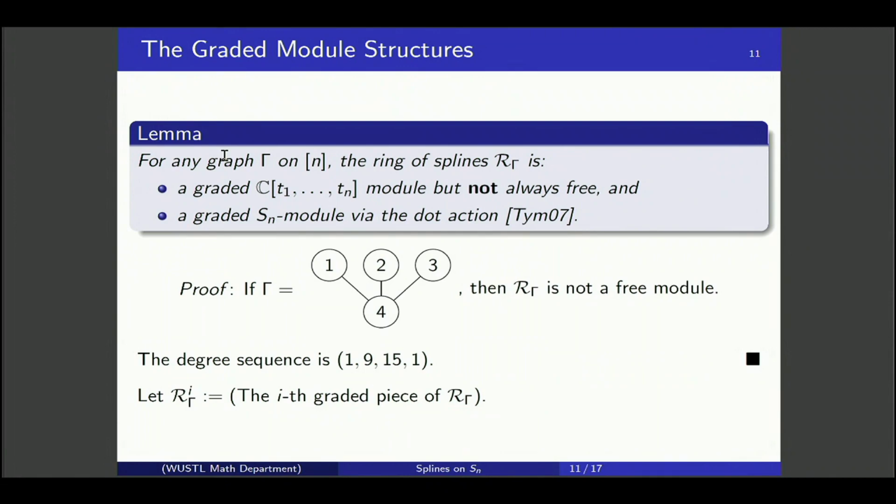So I need just one constant spline, 9 linear ones, 15 quadratic ones, and only one cubic. Module generators, yes. Yeah, ring generators, I just need the 1 and the 9, because it's a subset of the coset splines that I had before.